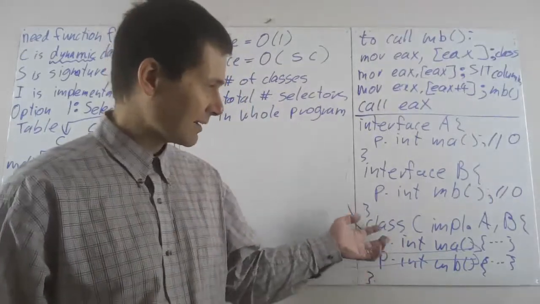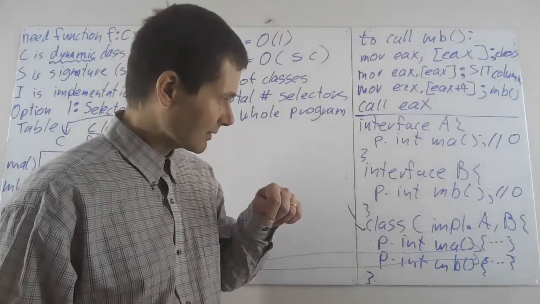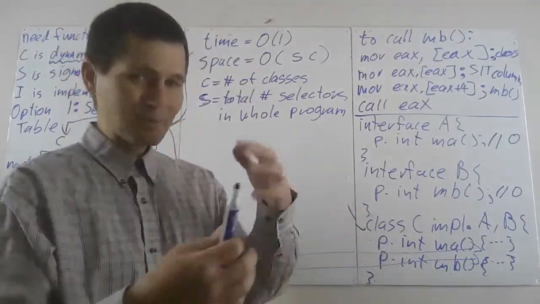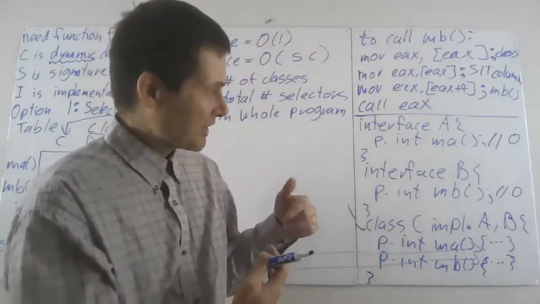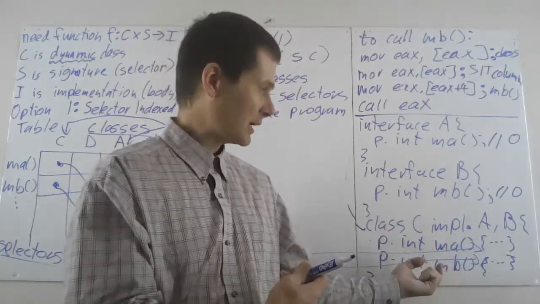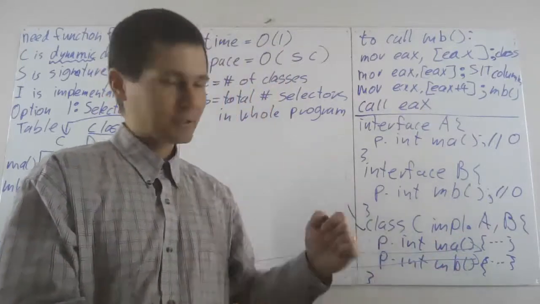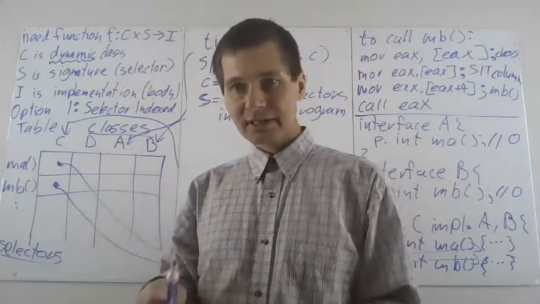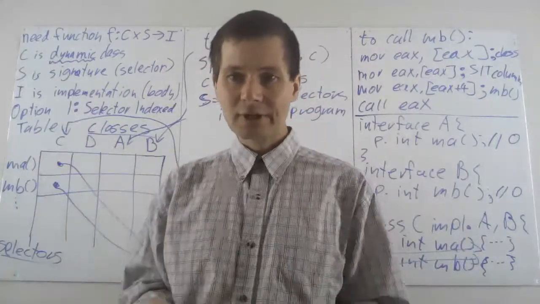Because the calls are going to have offsets. If you can't hard code the offset into that code, you have to have the selector in there, and then when you load the class, that's when you can translate the selector to an actual offset in the selector index table, because the offsets are being decided at class loading time.